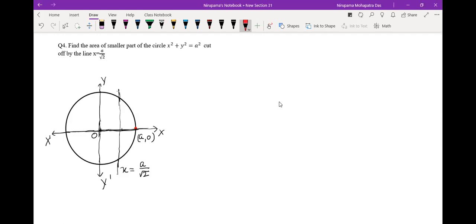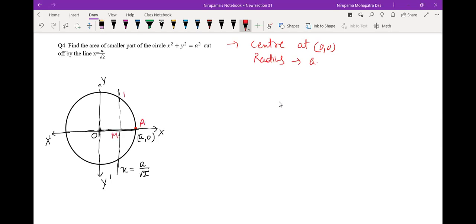Here the circle x square plus y square equal to a square has center at 0, 0, and radius a.